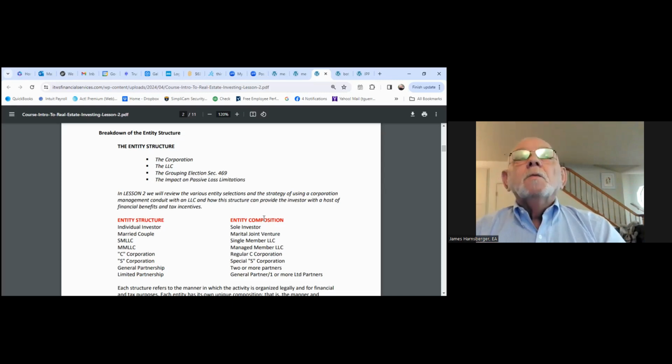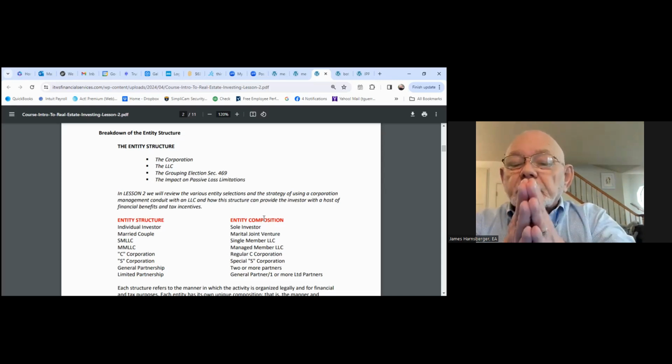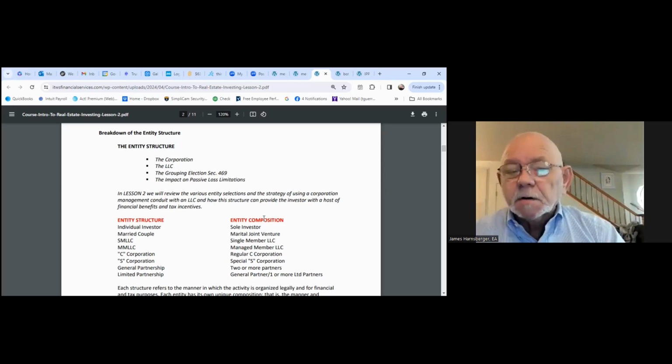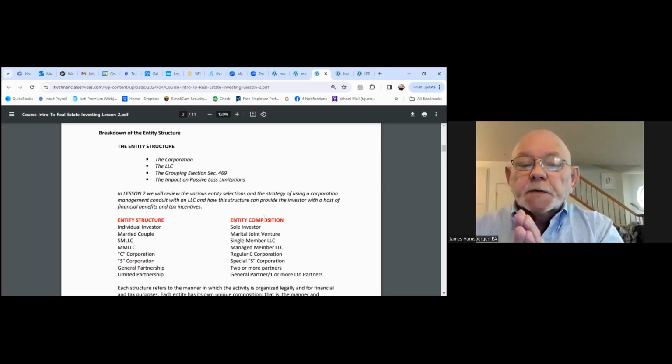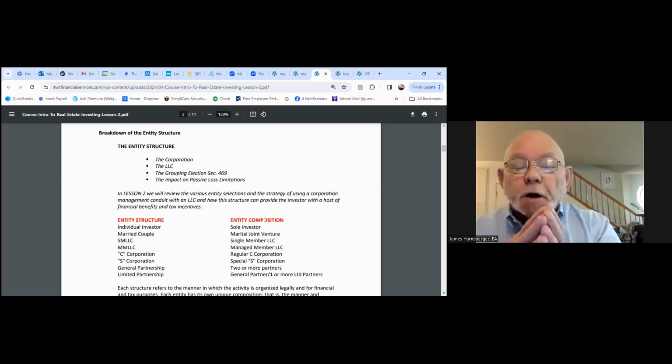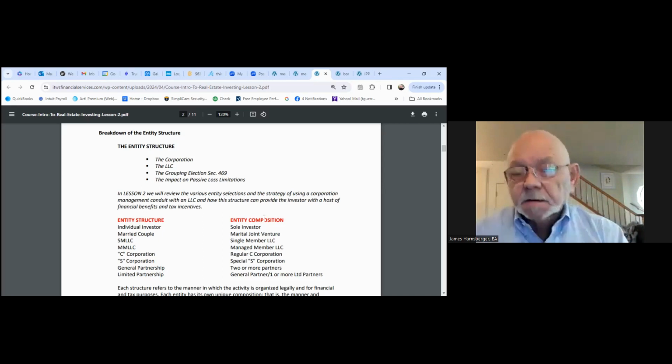And so we want to look at the structure, and we want to look at the different ways you can invest, because they all have certain characteristics and attributes that give a reason why you would or would not invest in real estate in this particular way.